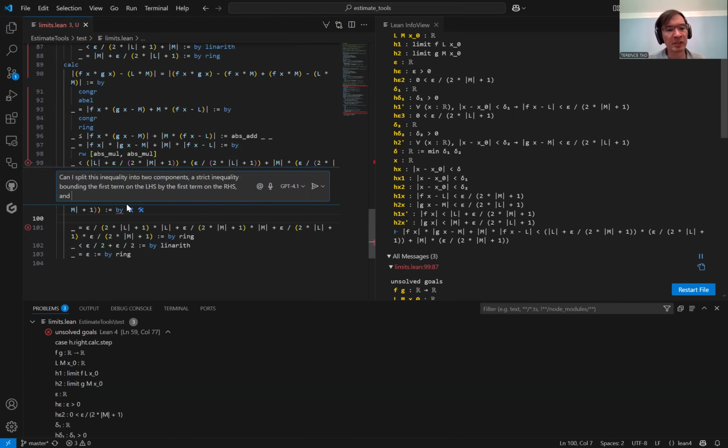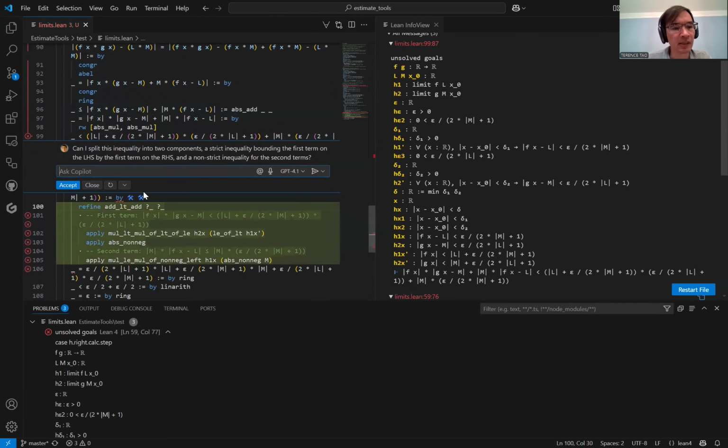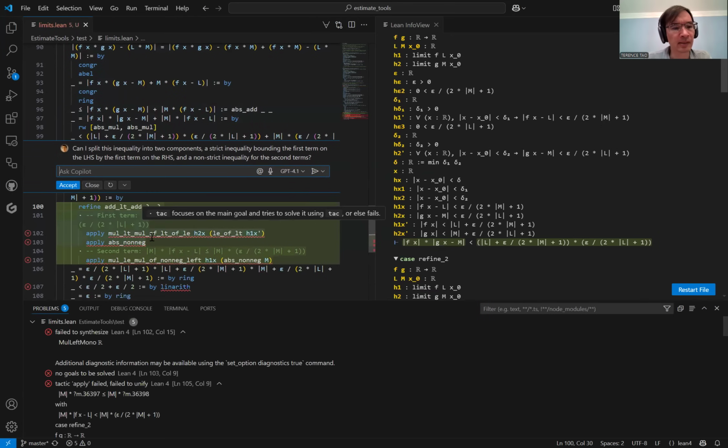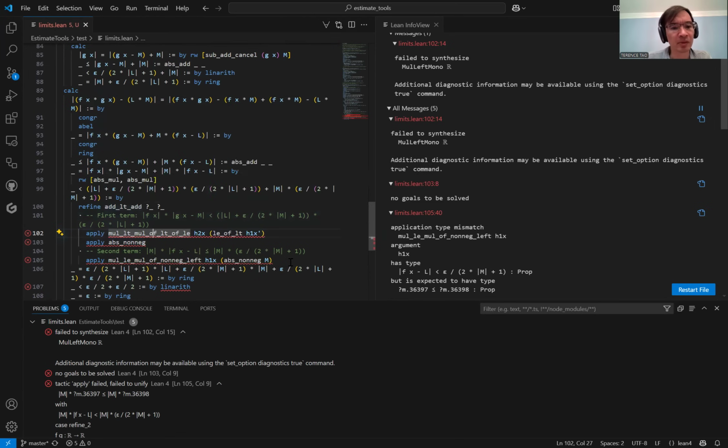Yes, I want to split it up into a strict one on the left and a non-strict one. See if it knows what I mean by that. Yes, actually, that is, add less than add, please. Not add less than. That's almost right.